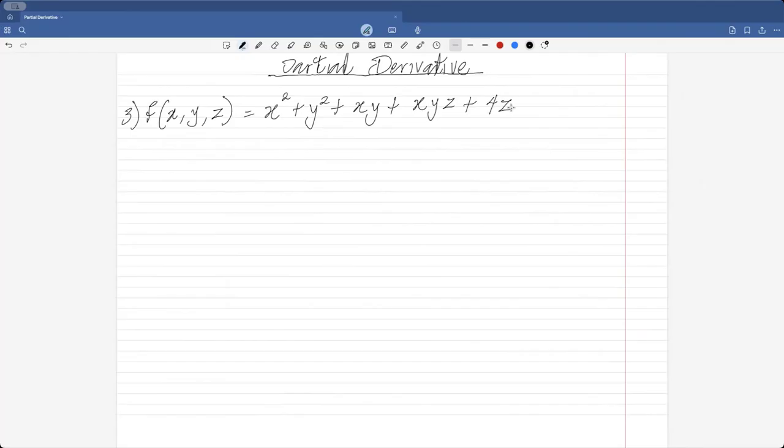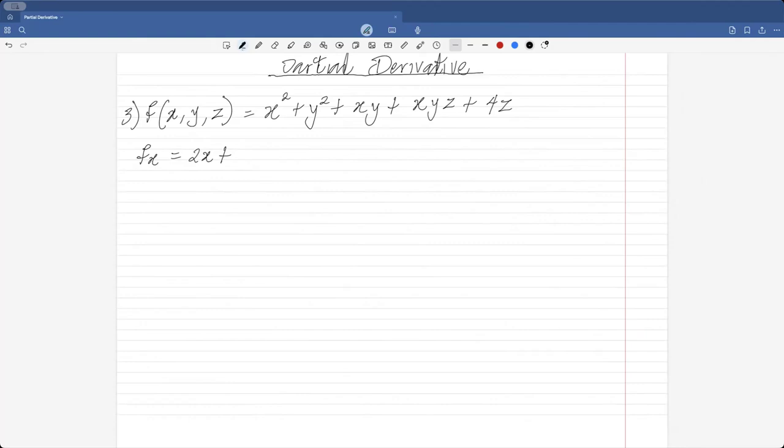In this case, let's differentiate with respect to x. So we have 2x plus the derivative of y squared in this case is 0.